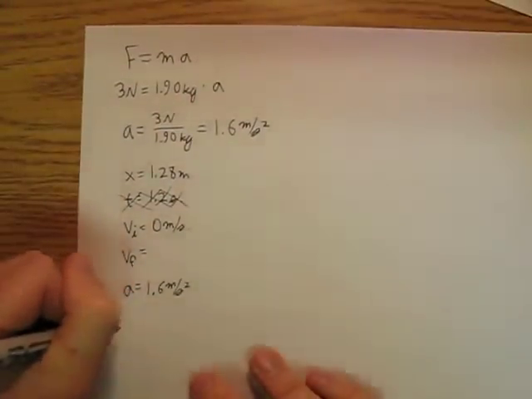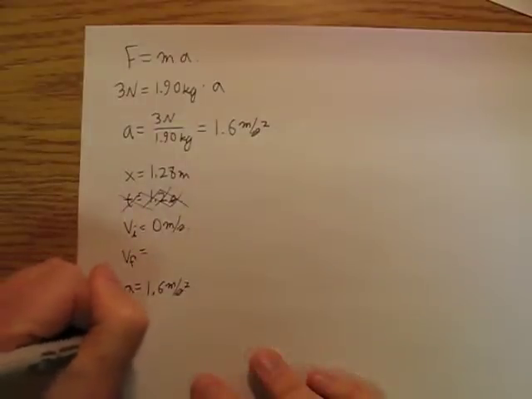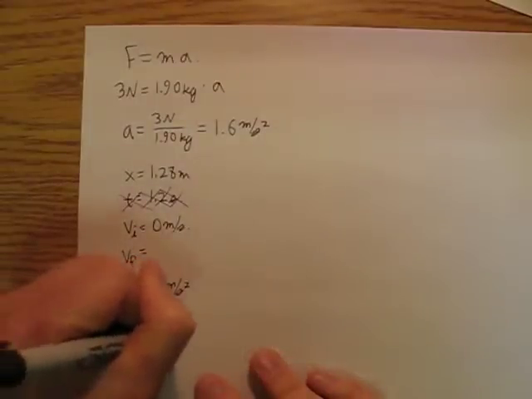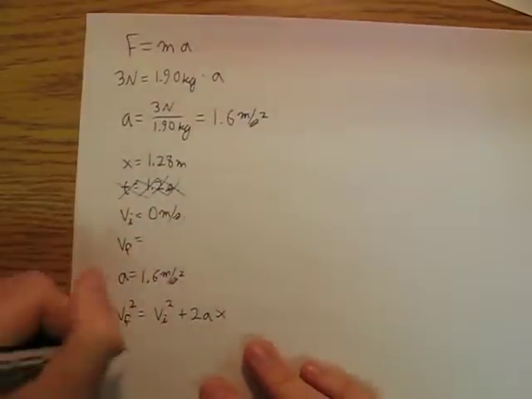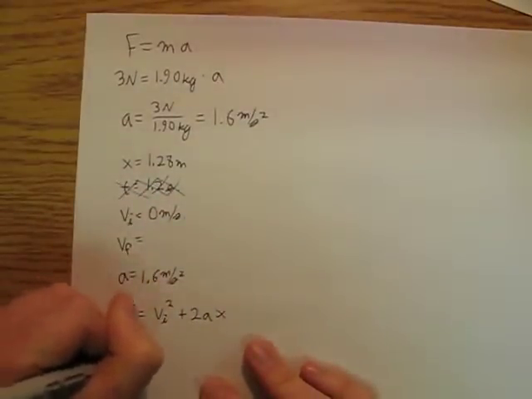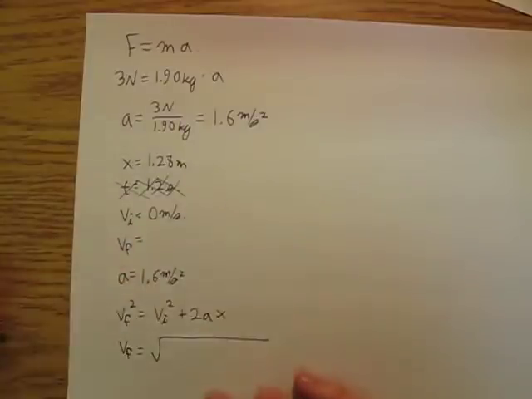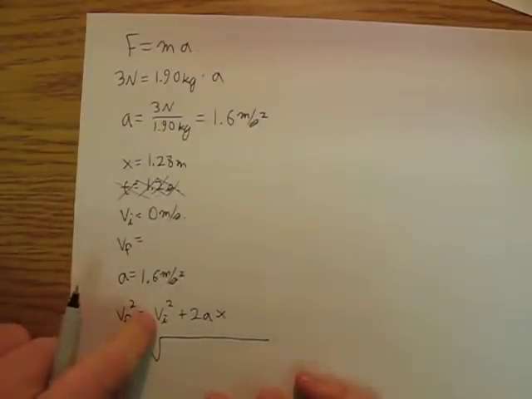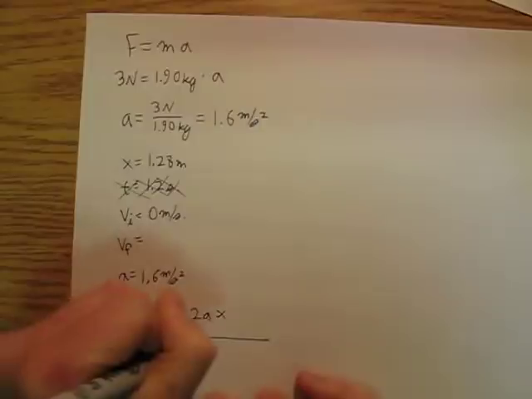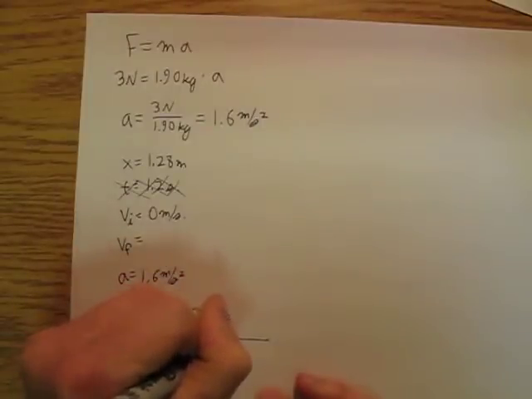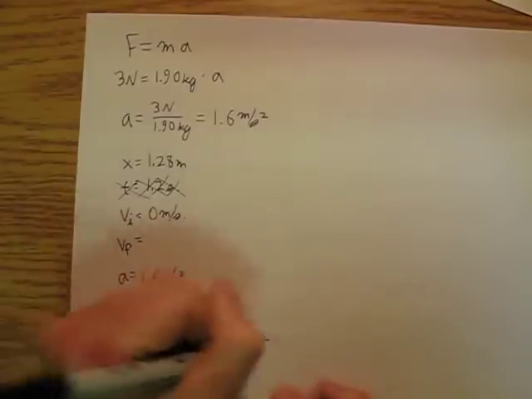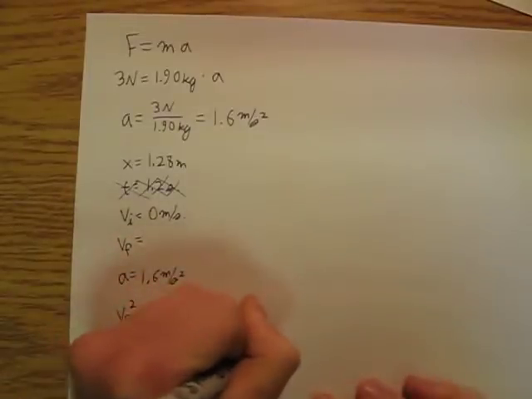So I'm going to have VF squared is equal to VI squared plus 2AX. So VF is going to end up being the square root, VI is 0, of 2 times 1.6 meters per second squared times 1.28 meters.